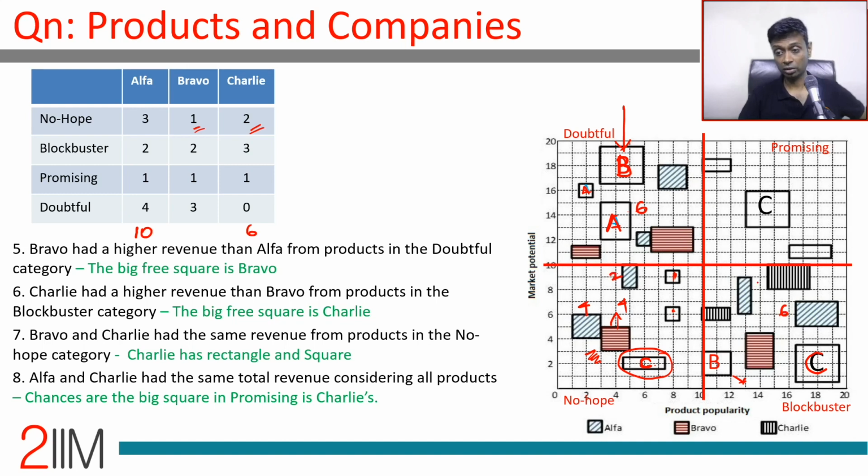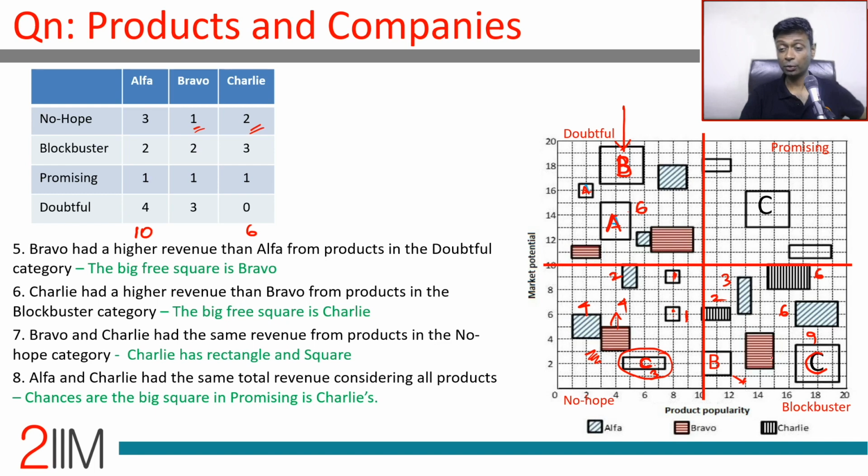This is 6, this is 3. And Charlie has one big thing that accounts for 9. Apart from this, Charlie has this which accounts for 3, this which accounts for 1. There's no Charlie here whatsoever. This which accounts for 2, this which accounts for 6.